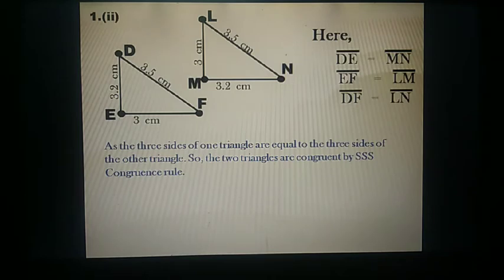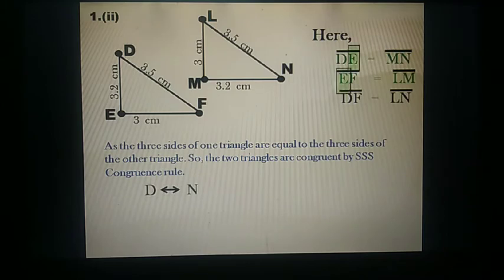Now we have to write the answer in symbolic form, so we will relate all the three vertices. The first triangle is DEF, so we will use D, then E, then F. D you will find in the first and the third line. D is common, and here N is common. So D is related to N. The second corresponding pair will be for E. So E is in the first and second line.